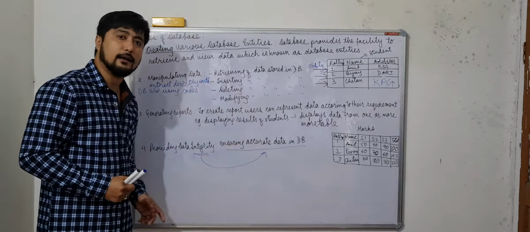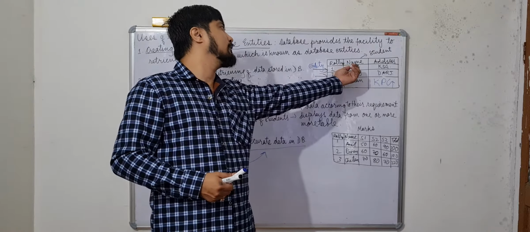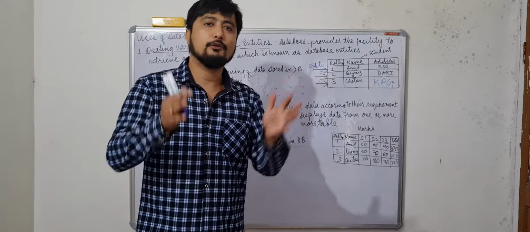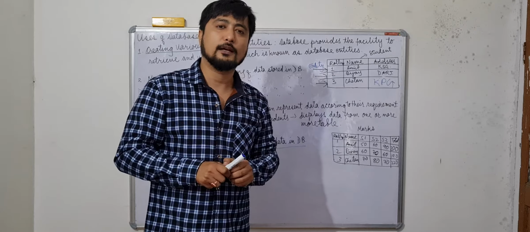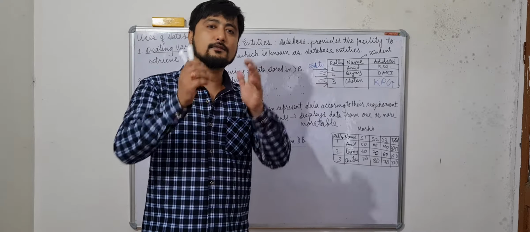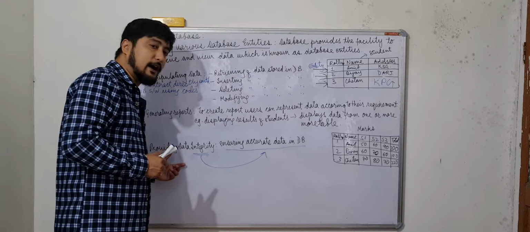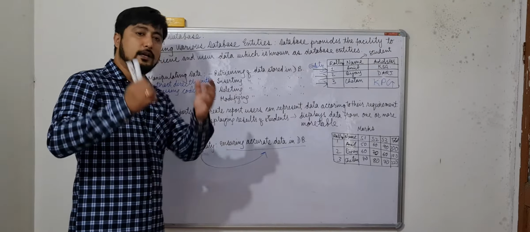By mistake, if in the roll number field you enter the name of a person, that value will not be accepted by the database. This is one of the most important uses of the database, providing data integrity, which means ensuring accurate data.